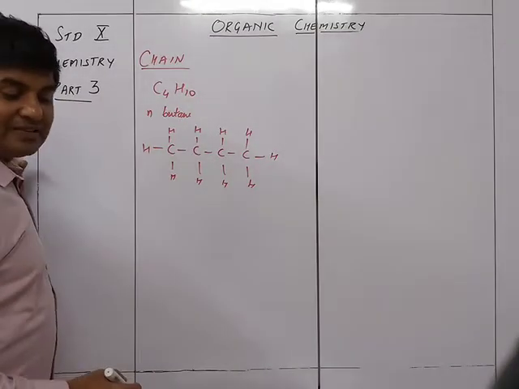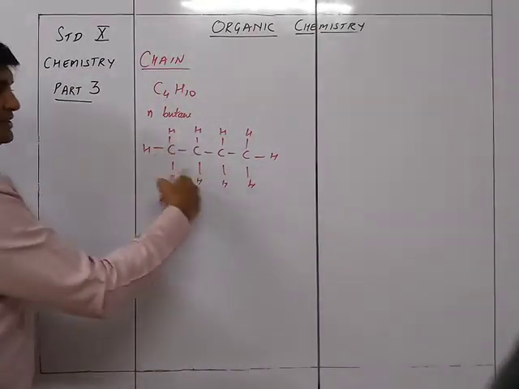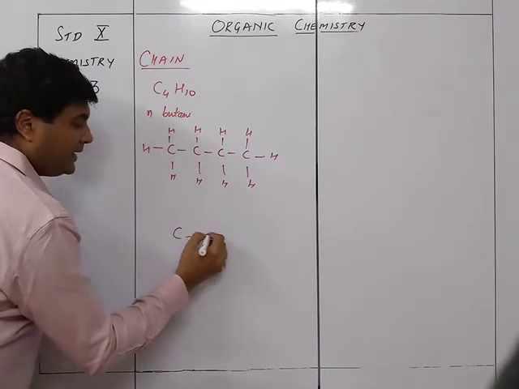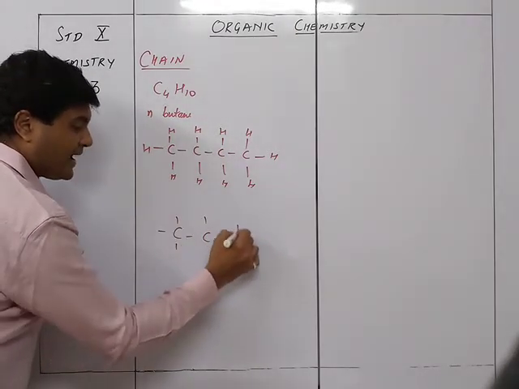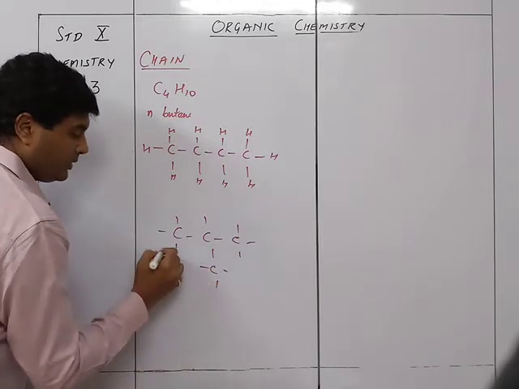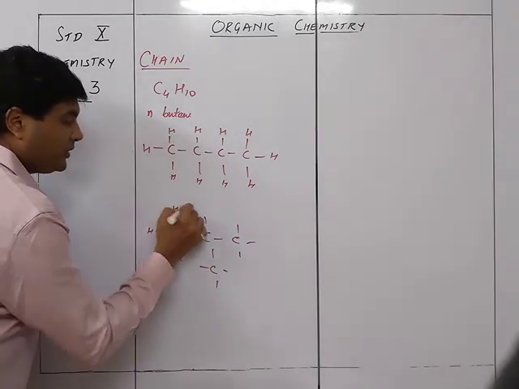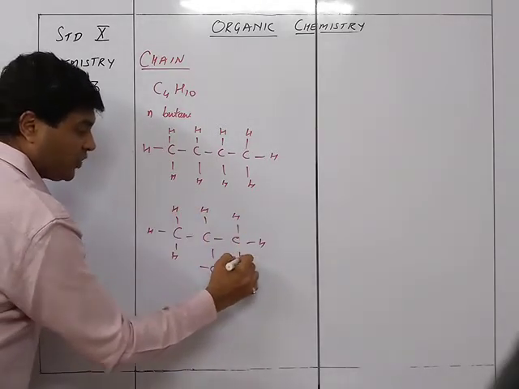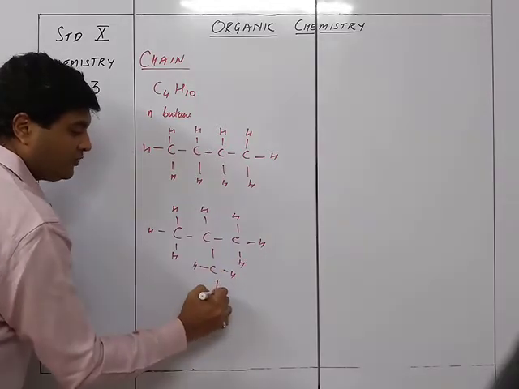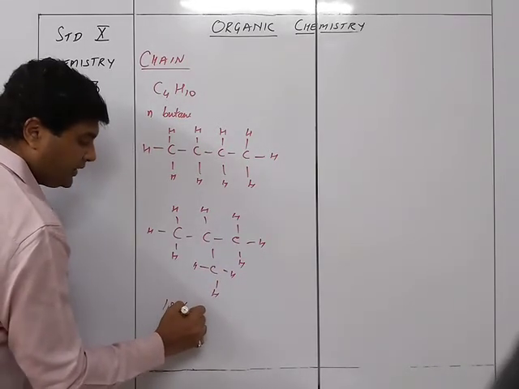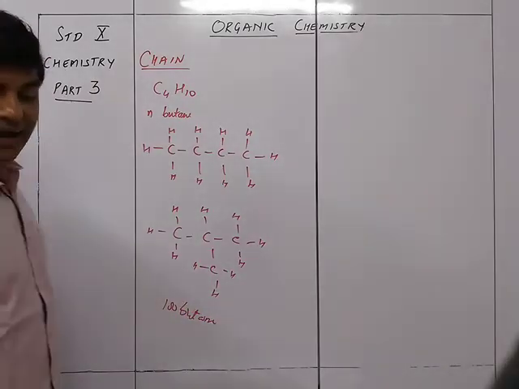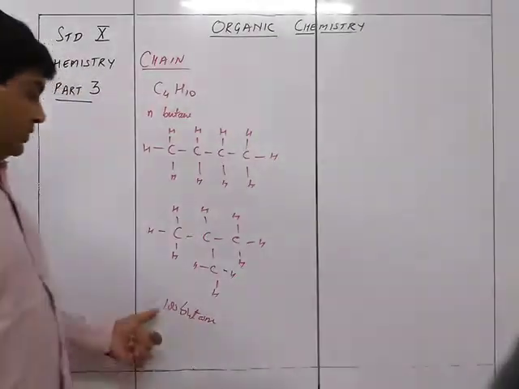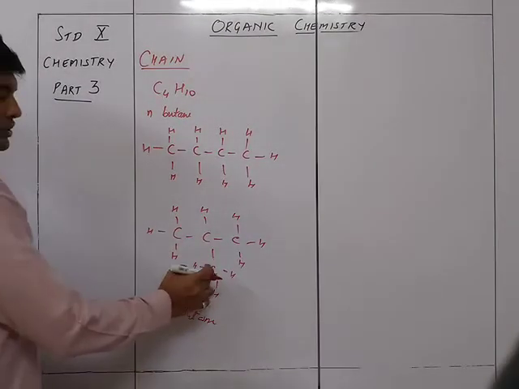But the one which is isobutane is such that the carbons are not in a single line, but in the form of a branch. So the formation will be like this. Accordingly, this is called isobutane, and nomenclature-wise it will be called 2-methyl.